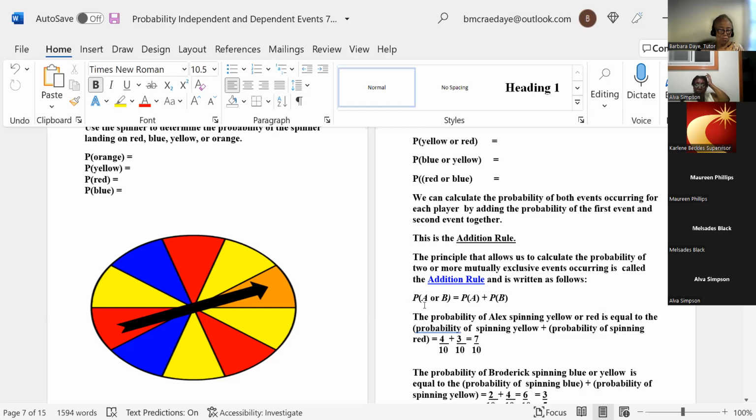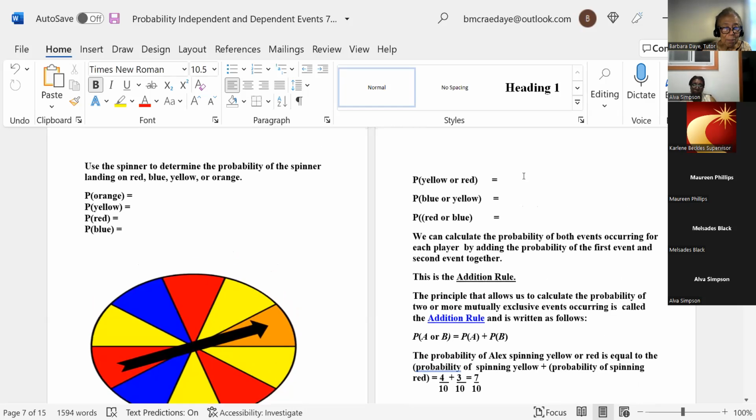That's why we call them mutually exclusive. You can't get a red and a yellow at the same time. You either get one or you get the other. That's why you have to add them together. Get the simple probability of the one color, simple probability of the other color, and then add them together.